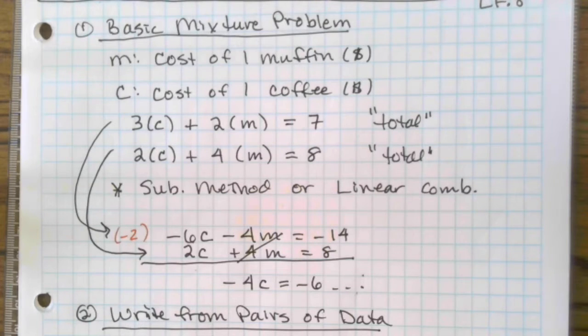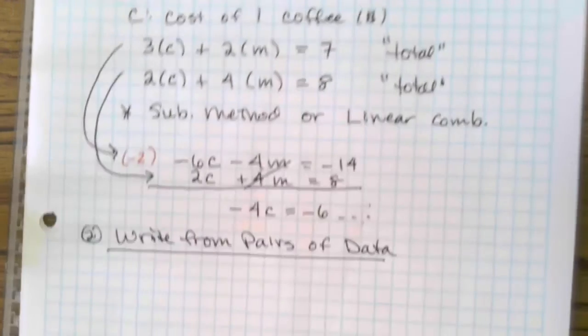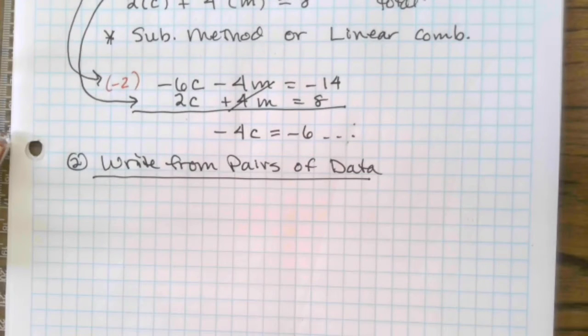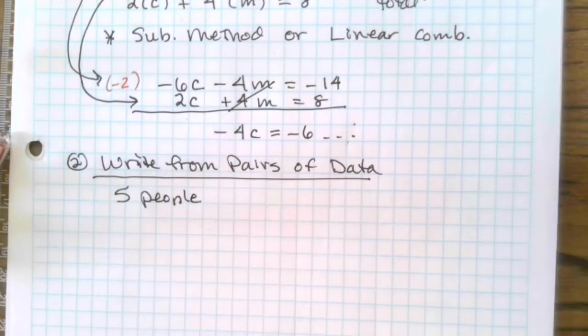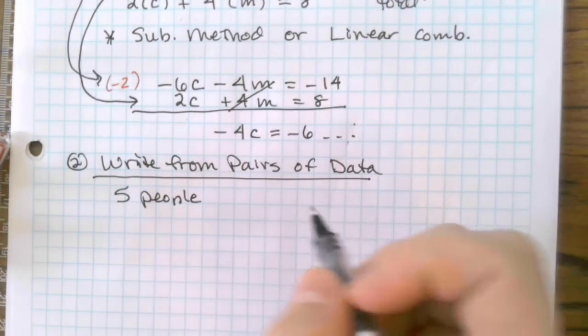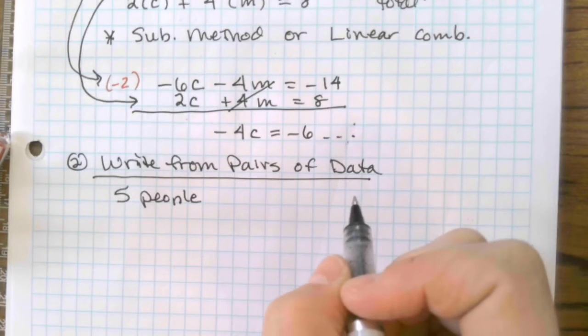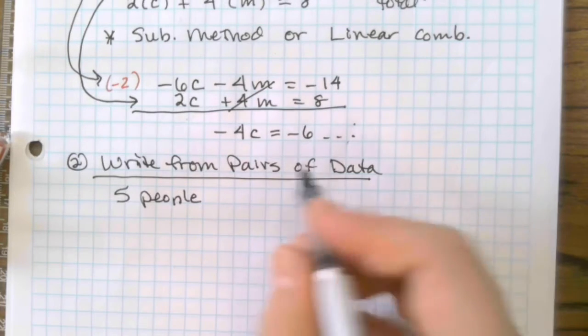Okay, so this is supposed to be one of these questions where you ask the class to give you the data. So instead of doing that, I'm just going to give you numbers. So out of 5 people, what percent owned a dog? Well, 3% owned a dog.